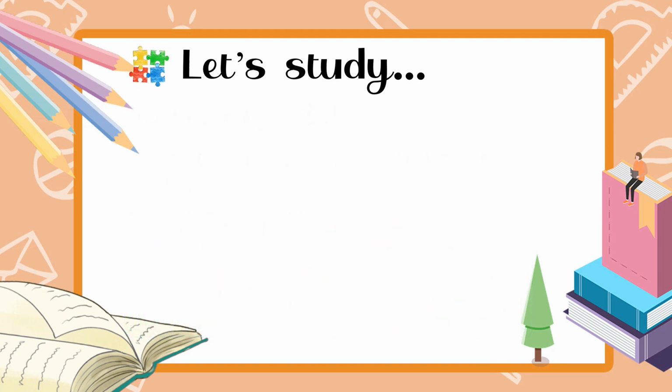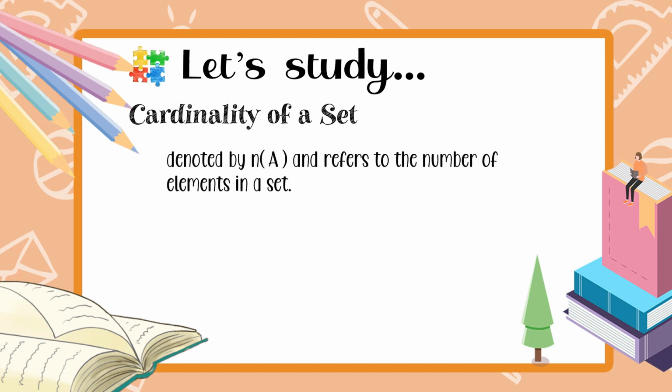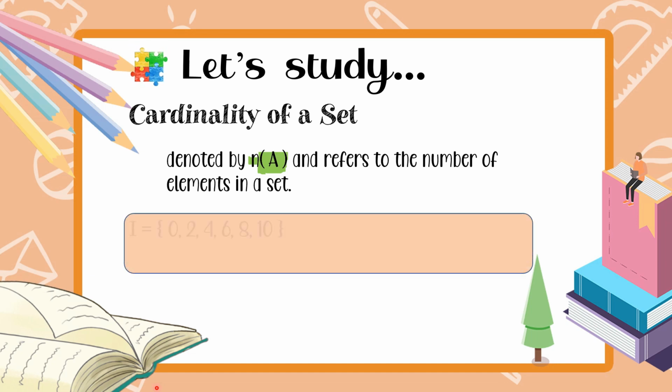Since napag-usapan na rin naman natin kung kaya nating ilista yung elements ng isang set, pag-usapan na rin natin yung tinatawag nating cardinality of a set. So, it is denoted by this symbol. Yan. And it refers to the number of elements sa isang set. Example, we have here set I with elements 0, 2, 4, 6, 8, and 10.